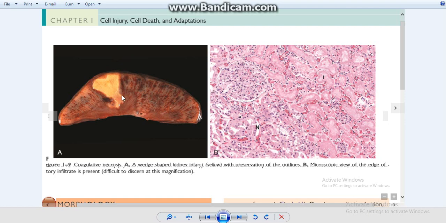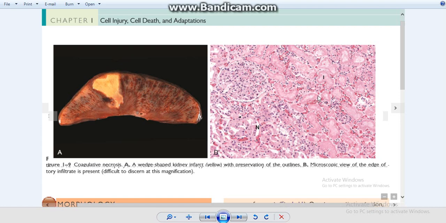Now, suppose that this is an ischemia, and as we know, this is a pale infarct. In the gross appearance, this is a pale, wedge-shaped infarct. Basically, when we say coagulative, we mean that the tissue dies and all the proteins become coagulated, however, the structure stays the same.